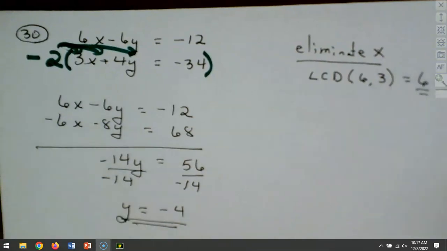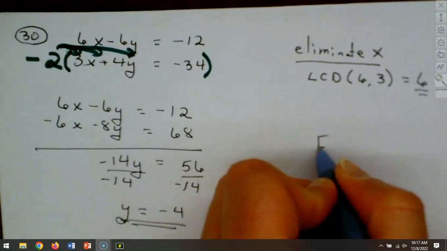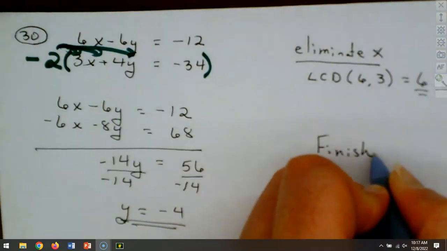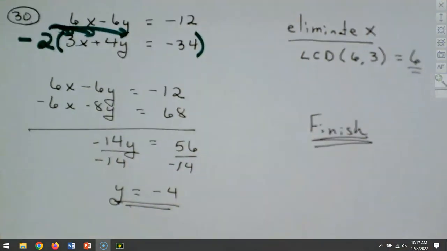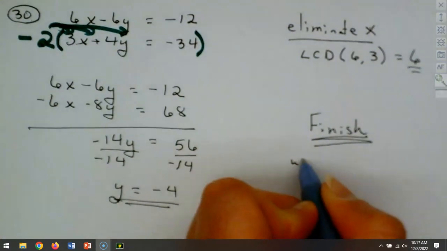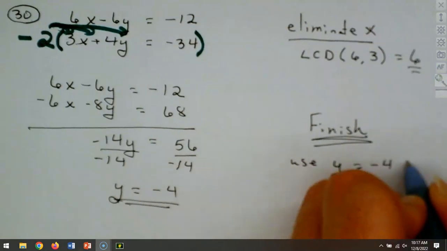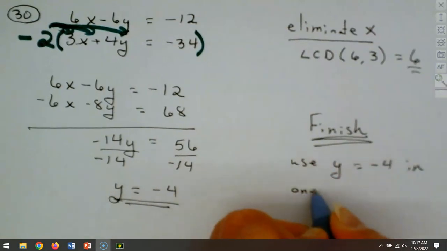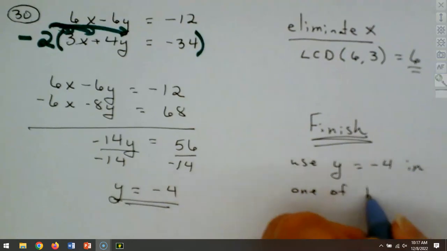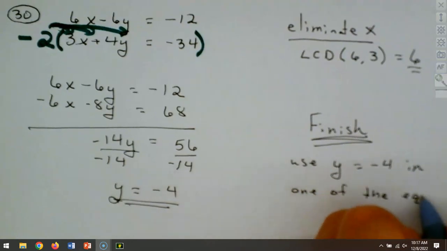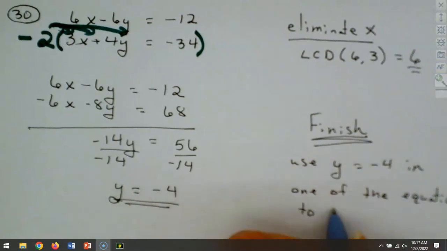Now, how do we finish it? This is only half of it. We're not going to finish it for you, but what do you need to do? Okay, you need to use y equals negative 4 in one of the equations to find x.